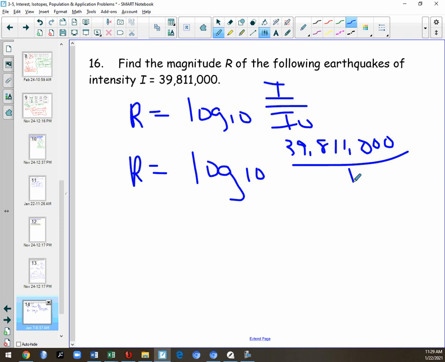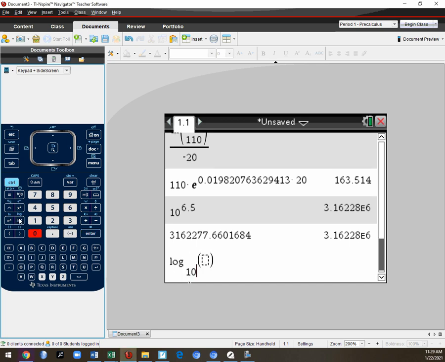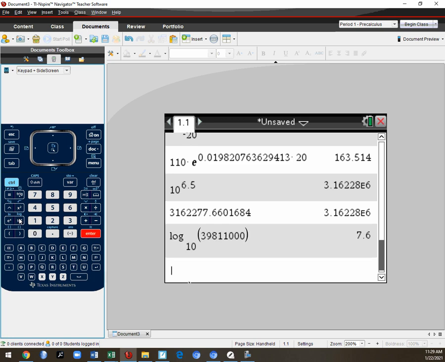So all you have to basically do is put this into the calculator, and I'm going to hit log base 10 of, grab that number again, 39,811,000, and hit enter. So the Richter scale was 7.6.